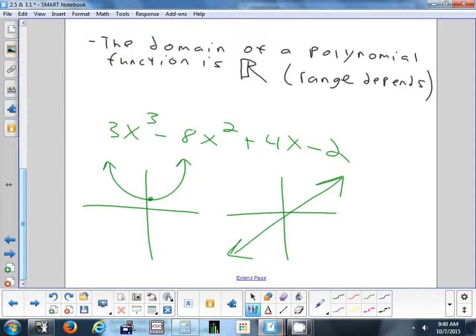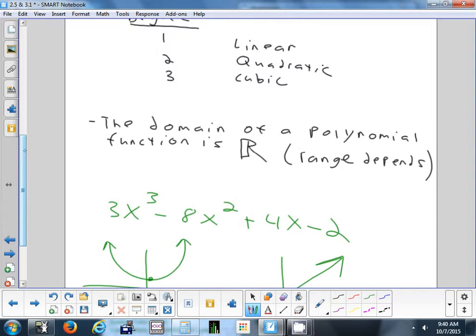It just keeps going down. So the range depends. We have to graph it and take a look at it. Yeah, the range is the y, how high and low it goes. And the domain is the x, and the domain is always all real numbers.